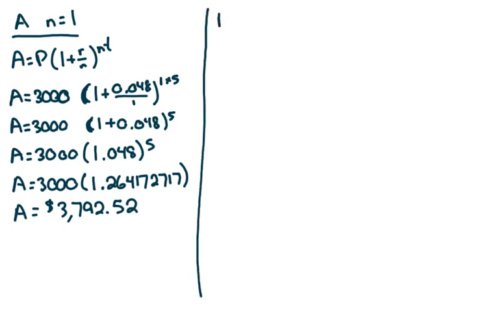Scenario B, we're compounded semi-annually, which means twice per year. So we can go into the equation. P is still 3,000. R is still 0.048.